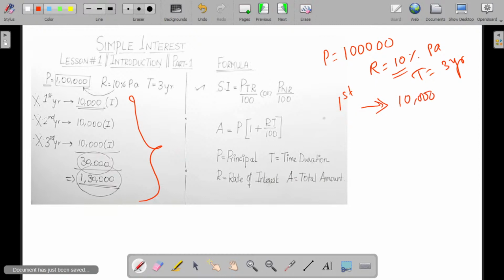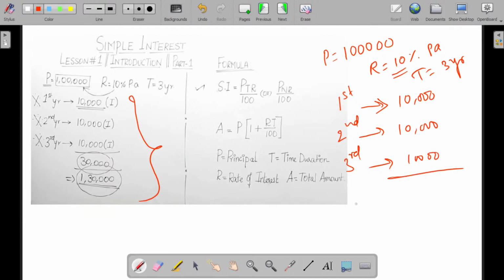For the second year you get another 10,000, and for the third year also 10,000. So at the end of the third year, the total is 1,30,000. This is the normal in-the-mind calculation.